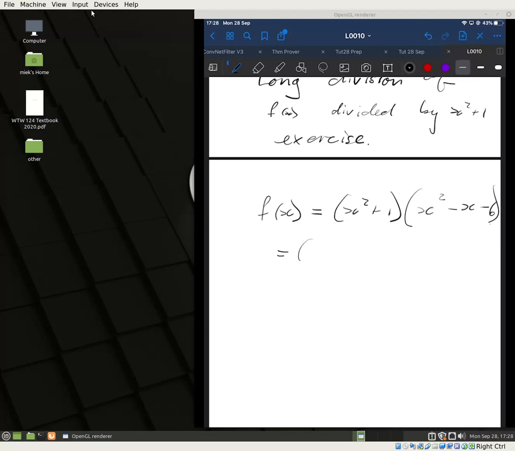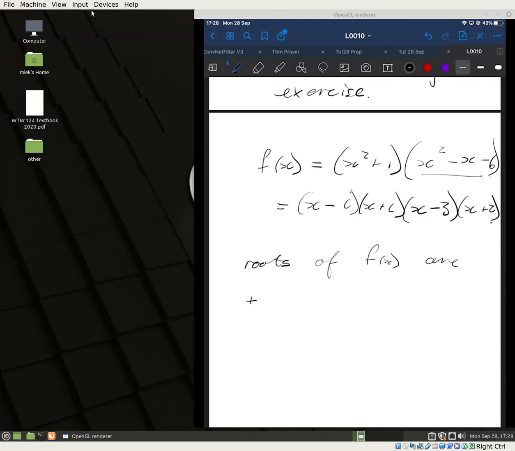So this is the same as (x minus i)(x plus i), and this quadratic is easy to factor. That is (x minus 3)(x plus 2). So the roots of f(x) are, what are they?